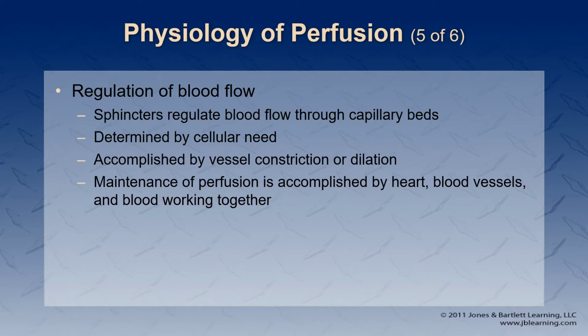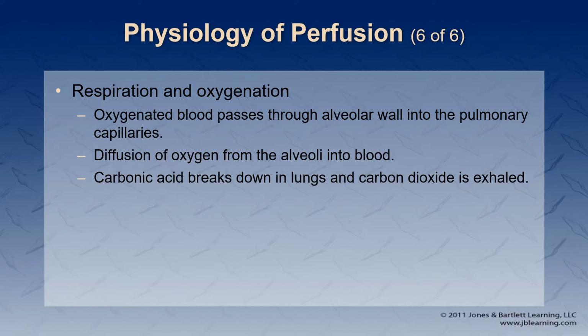So maintaining perfusion is a balance between the heart's output as well as the state of the vascular system. And just because the blood is going around and around effectively, it still requires oxygen to be delivered to that blood, and we need to be able to get the oxygen out of the alveoli into the blood, and then out of the blood into the end organs, the end tissues, appropriately.